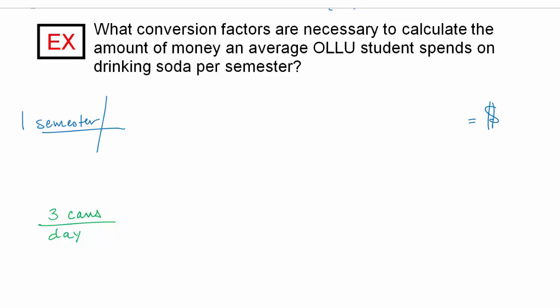How many days in a semester? Well, I don't know how many days are in a semester. But in a semester, I know that there's 15 weeks, and then plus finals would be 16. So 16 weeks. We're going to need to know weeks to days, right? There's 7 days in a week.